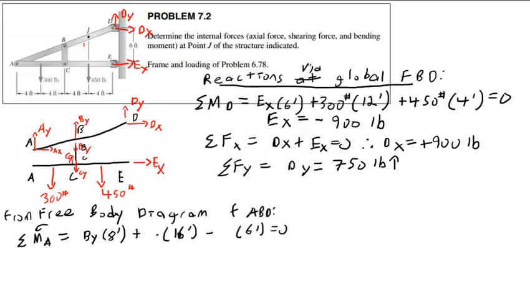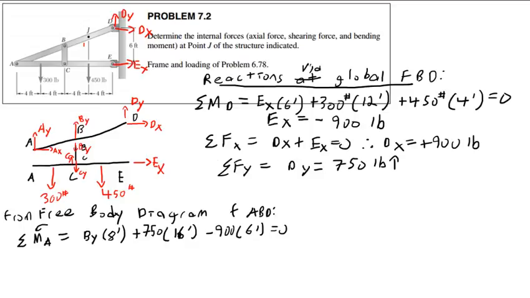So dy has a value of 750 pounds, and dx has a value of 900 pounds. So we have the 900-pound dx generating a negative moment about point A. The 750-pound dy will generate a positive moment about point A. And that looks good to me.